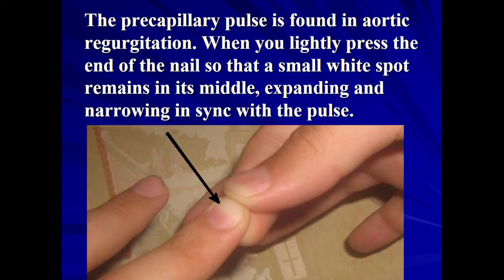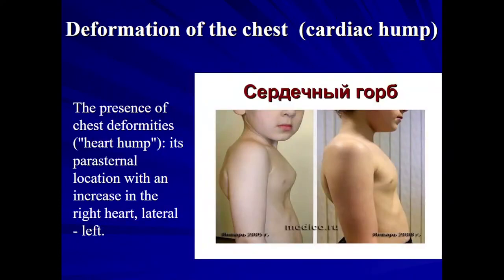The precapillary pulse is found in aortic regurgitation when you slightly press the end of a nail so that a small white spot remains in its middle, expanding and narrowing in sync with the pulse. Deformation of the chest and cardiac hump may be such as you can see in the pictures.